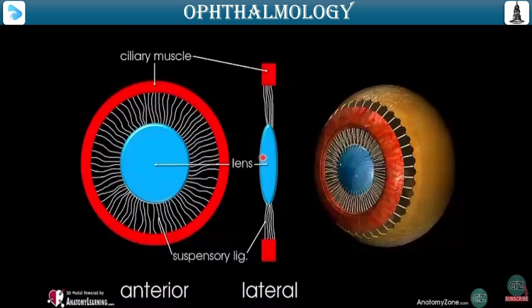And this is accommodation. I want you to put your finger in front of your eye right now. You know what happened when you did that? The ciliary muscle contracts, so the zonules became more relaxed, so the lens became more convex, so the refractive power increased, so you could see your finger like this. Okay, so this is what happened.